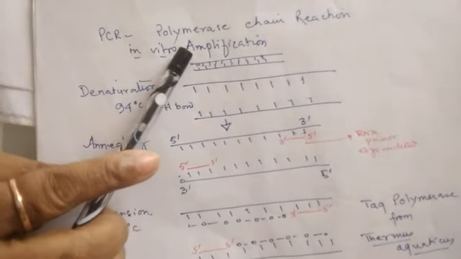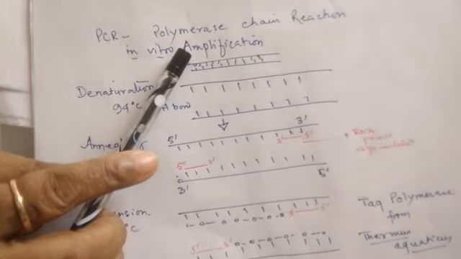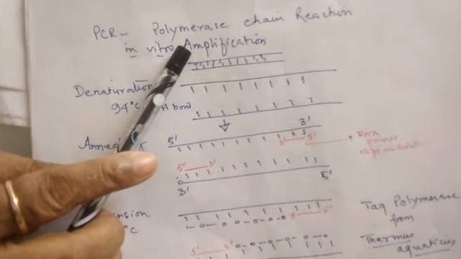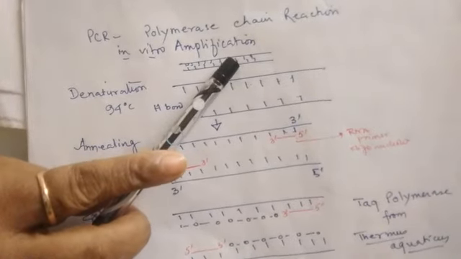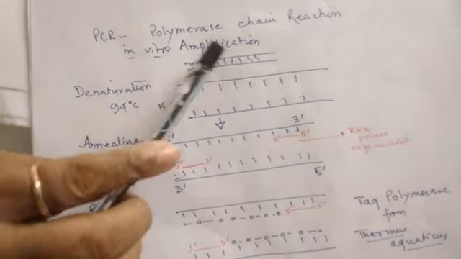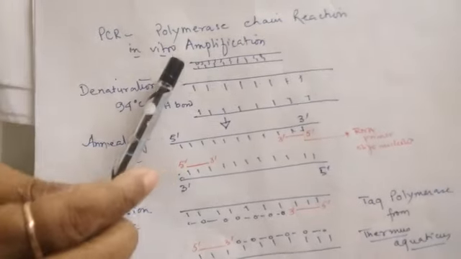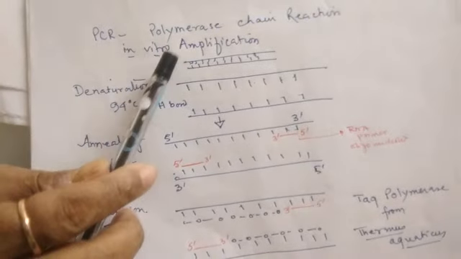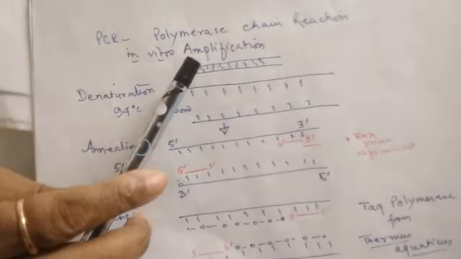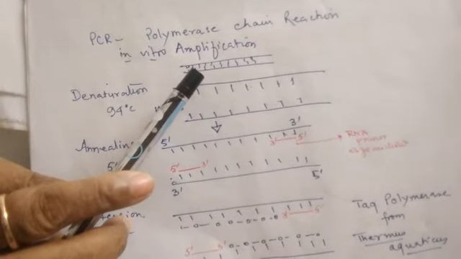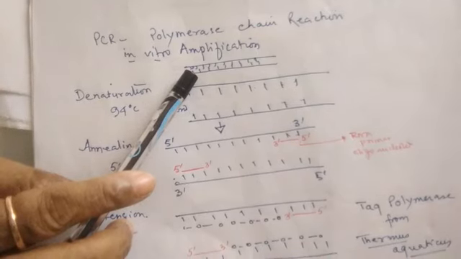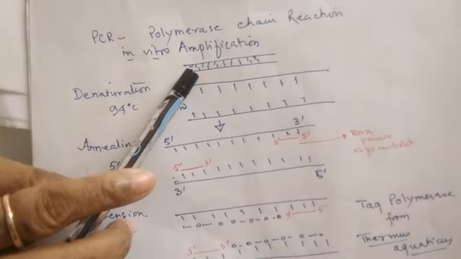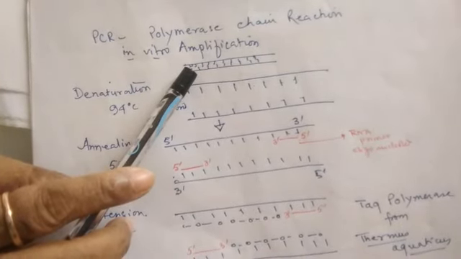That means you are producing numerous copies of DNA from a given segment of DNA, and that is called amplification. So PCR is mainly made for in vitro amplification of the given DNA segment. Now, suppose this is the DNA segment. We have to produce numerous copies of this DNA segment outside the cell.